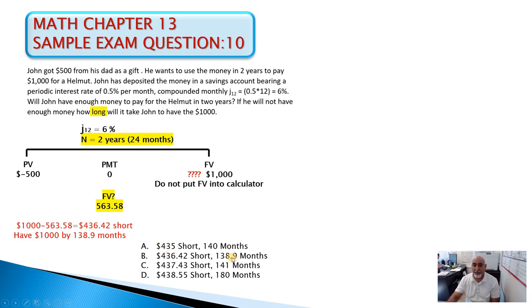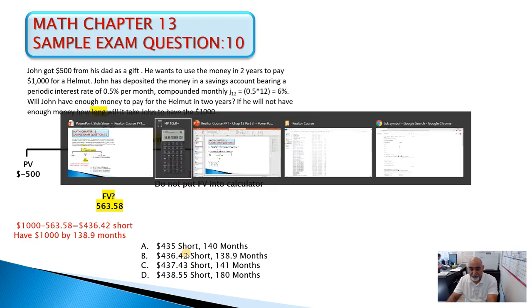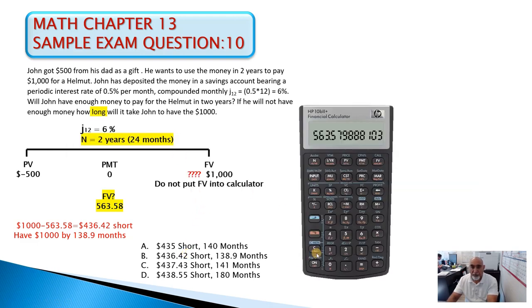And the other part of the question is, how long before he can buy the helmet? Let's bring the calculator back. To do that question, what we need to do is put 1,000 here and find N. So let's do that. 12 for the compounding period. 6 for the interest rate. N is what we're looking for, how long before he will have the $1,000.